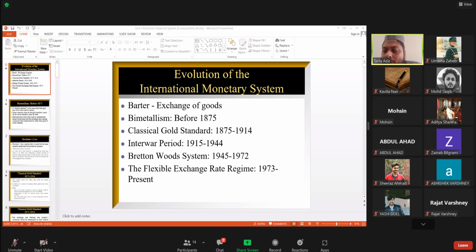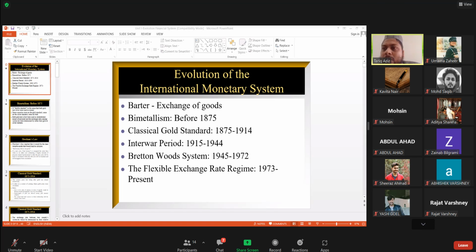So minting of coins was not under the control of the government under bimetallism, but it does not mean that a government was not minting gold coins and silver coins.